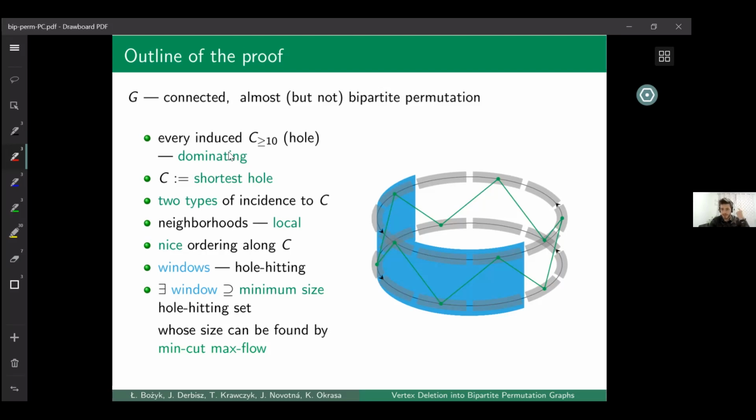First thing is that we can prove that the optimal solution, which removes the smallest possible number of vertices, is local, is contained within a window. And the other thing is that when we have a window of, say, 5, then we can in polynomial time find this optimal solution by flow algorithm, max flow min cut algorithm.